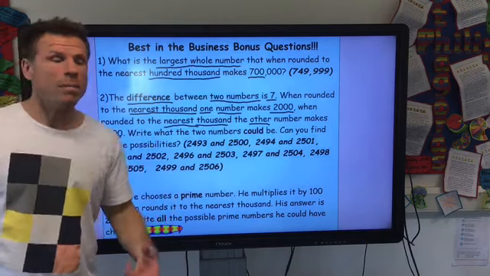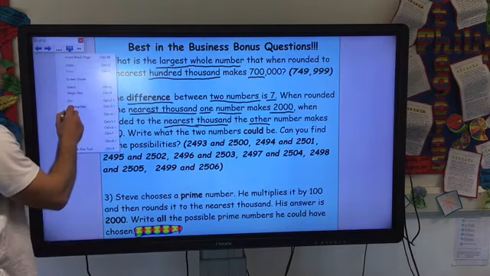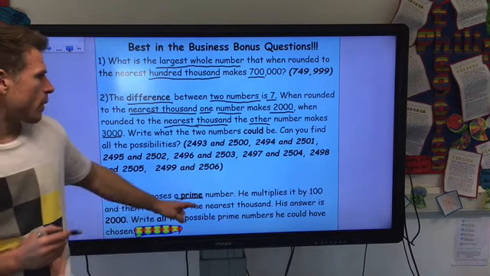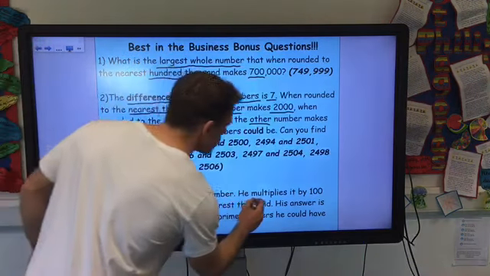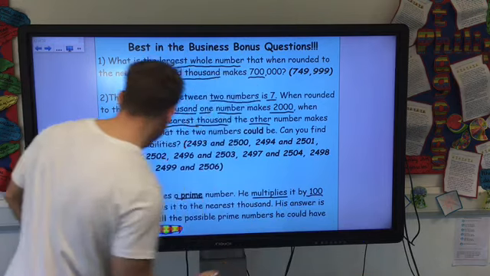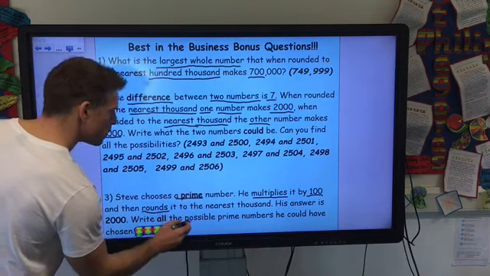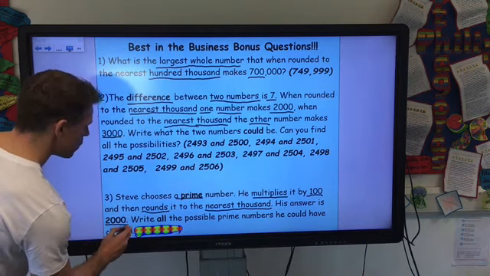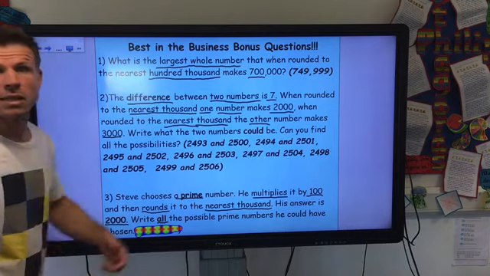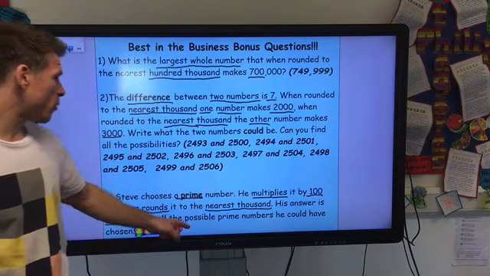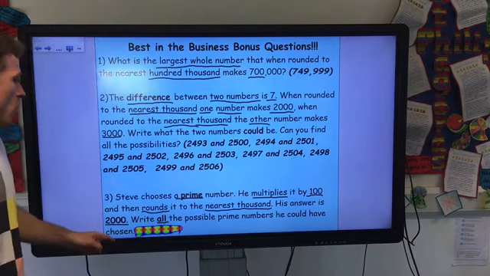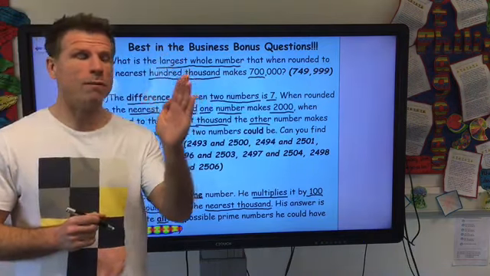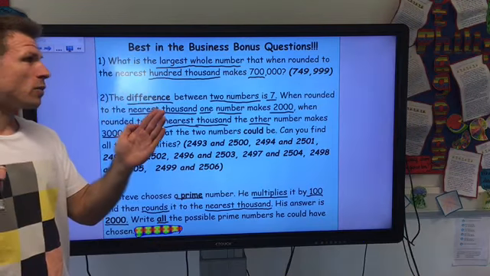And let's have a look at the next one. Steve chooses a prime number. He multiplies it by 100, so it gets 100 times bigger, and then rounds it to the nearest 1,000. His answer is 2,000. Write all, again that means there's more than one answer, all the possible prime numbers he could have chosen. Right, so a number that when you multiply it by 100, it's got to go in between 1,500 and 2,499.